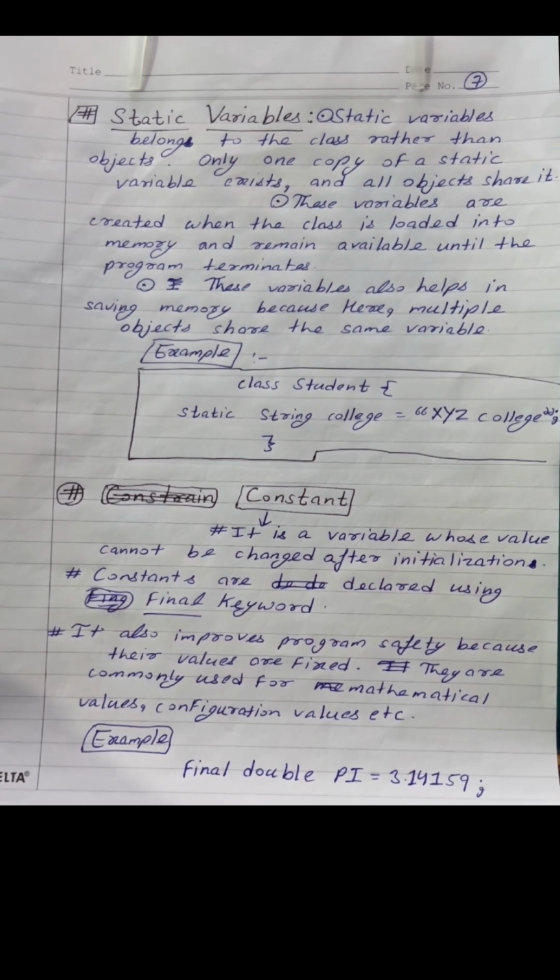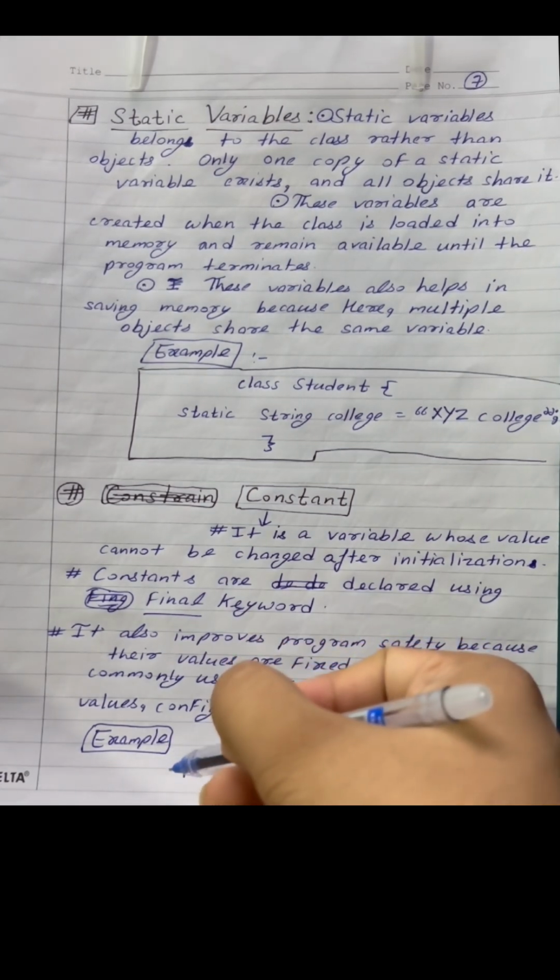Apart from that, constants improve the program safety because their values remain fixed throughout the execution of the program, and they are commonly used for mathematical values, fixed settings and configuration values, etc. For example, here we can include the value of pi, tax rate, and company names that should not change during execution.